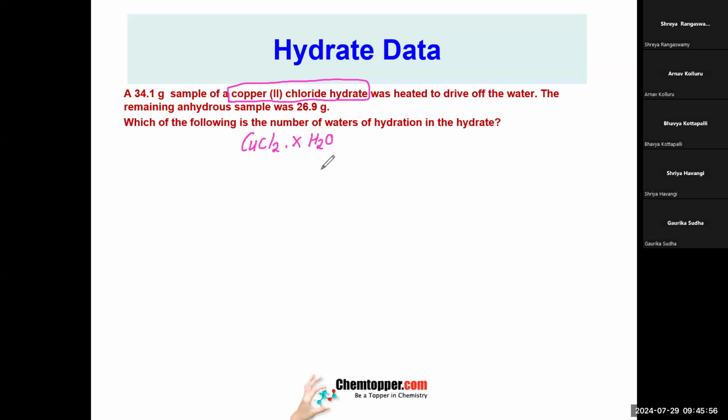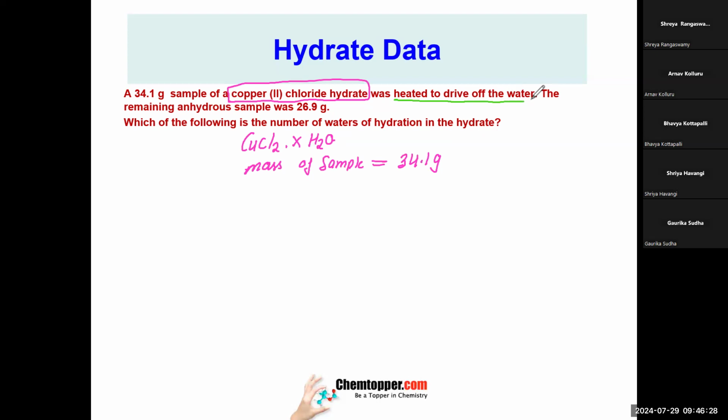So now do I need to work here with 100 gram, or is the mass of the sample given? Yes, it is given to us as 34.1 grams. Now they are saying they are heating the sample, heat it to drive off water.